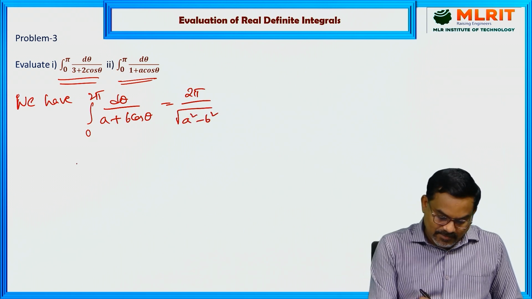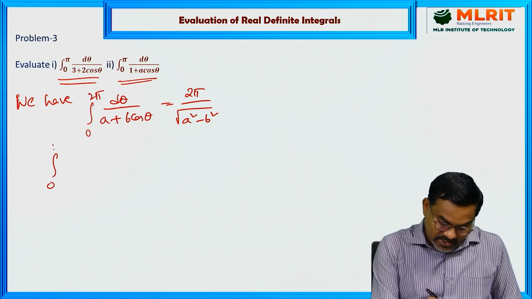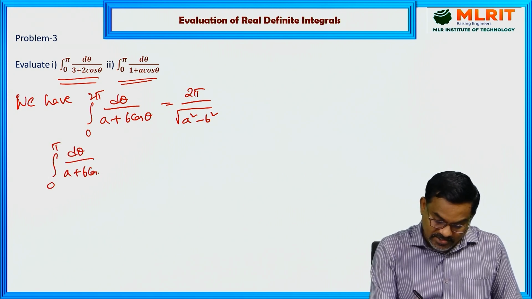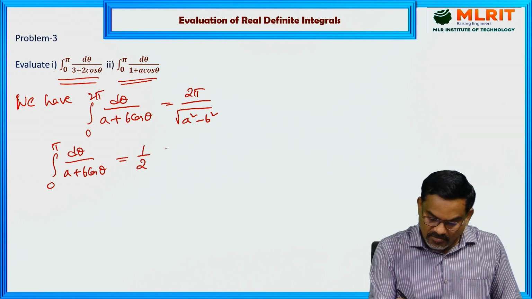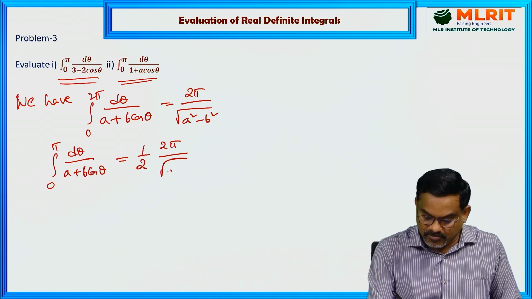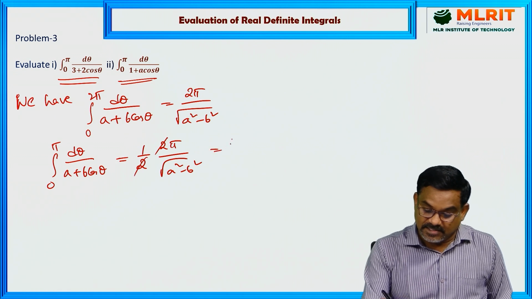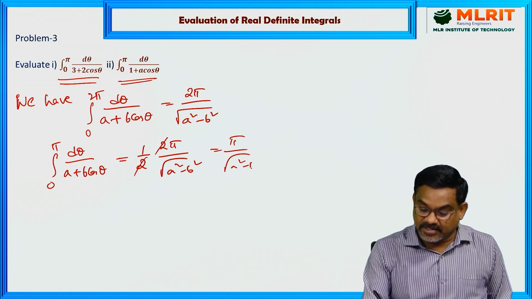Using this, we can evaluate 0 to pi d theta by a plus b cos theta, which is half of 2 pi by root a square minus b square. So these two get cancelled and we get pi by root a square minus b square.